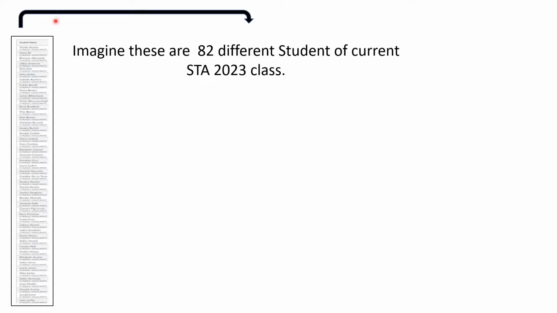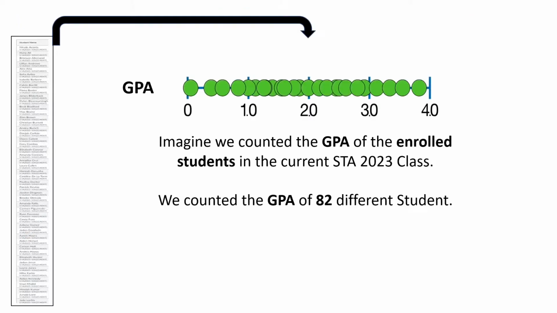So first, imagine that this list contains all 82 different students of our current STA 2023 class. Each one of them is a different student. And imagine that we counted the GPA of the enrolled students in the current STA 2023 class.